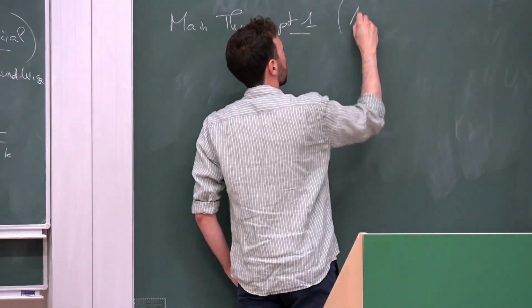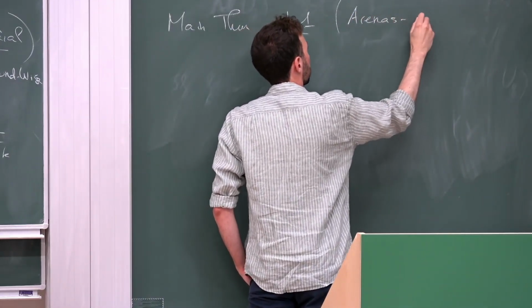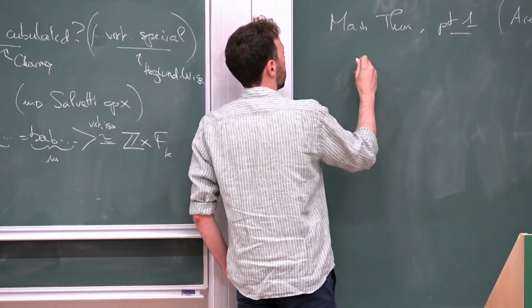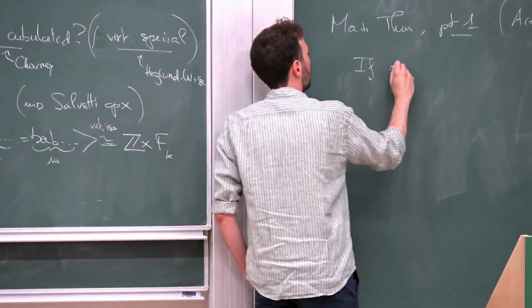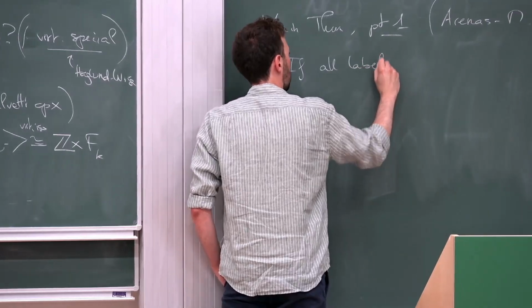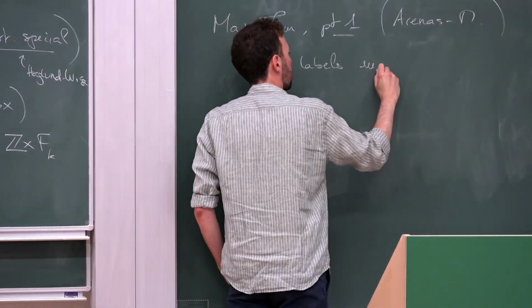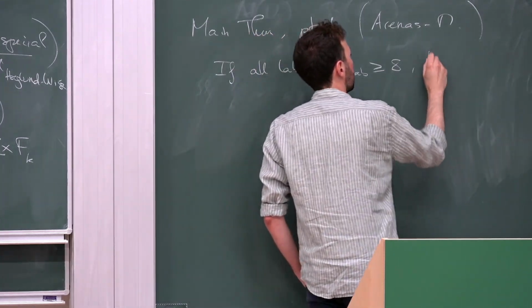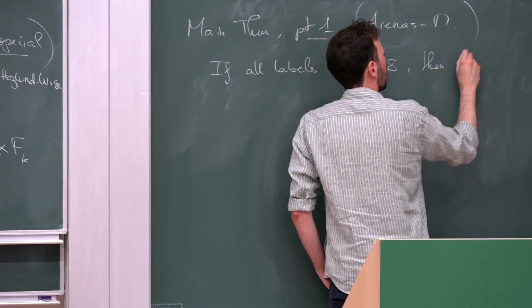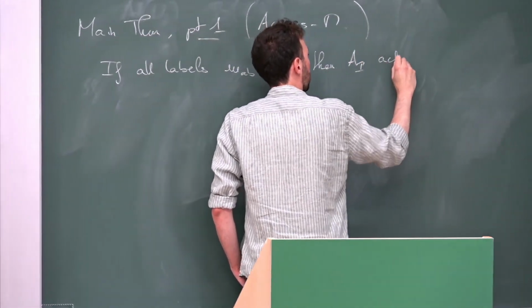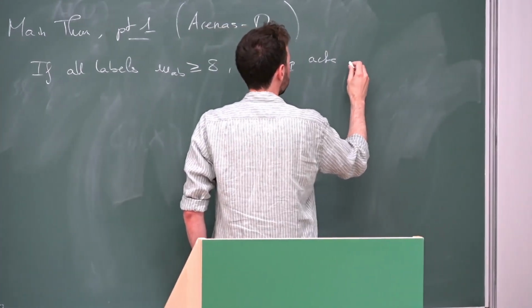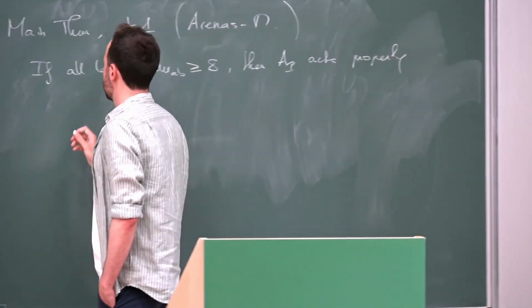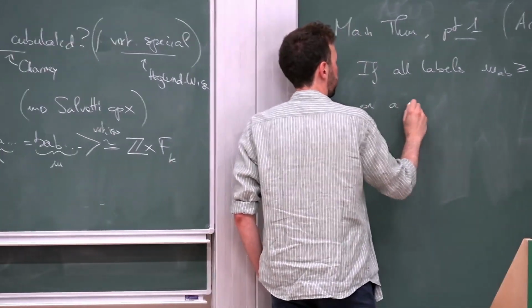If all labels are at least 8, then A gamma is properly cubulated, that is, it acts properly on a finite dimensional CAT(0) cube complex.